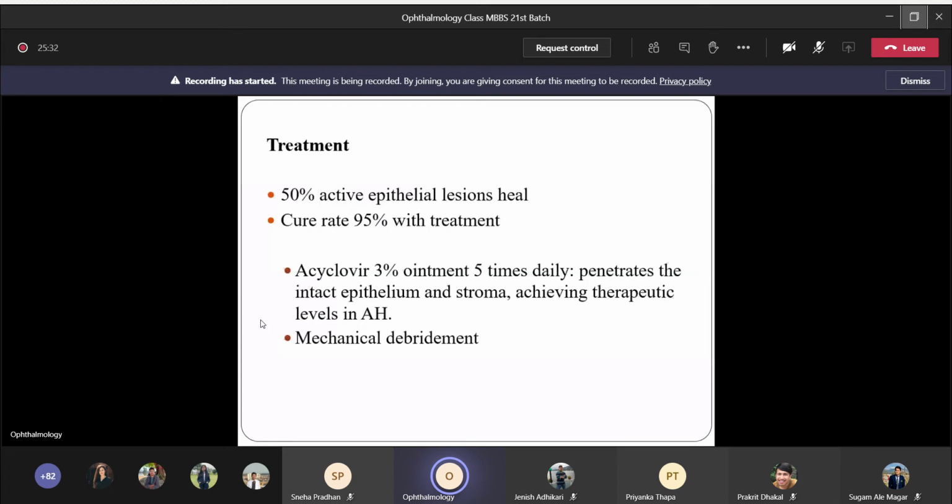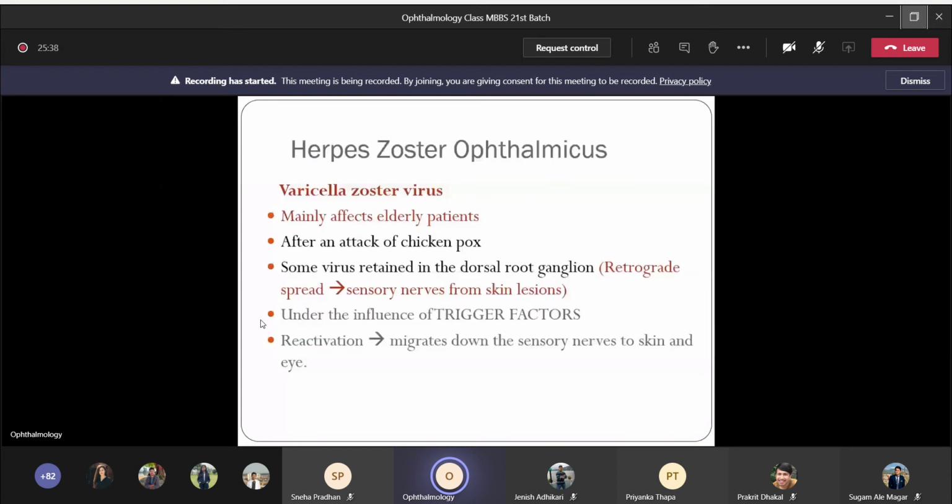Now coming to herpes zoster ophthalmicus, it is mainly caused by the varicella zoster virus, and this occurs in elderly patients. Unlike herpes simplex, which occurs in young patients, herpes zoster is usually in elderly patients. After an attack of chickenpox, some virus stays retained in the dorsal root ganglion.